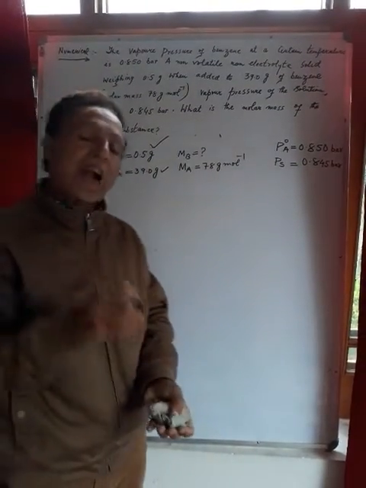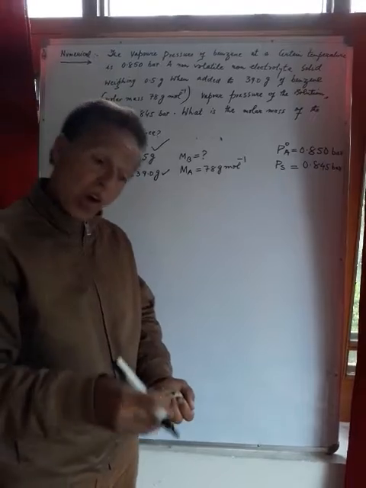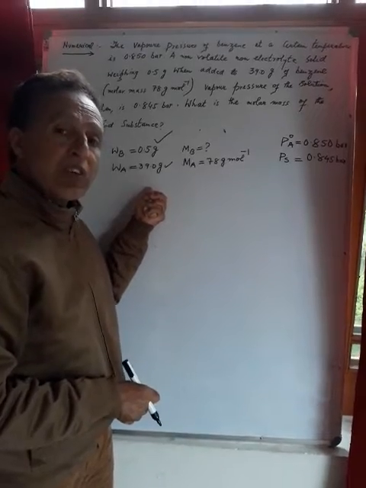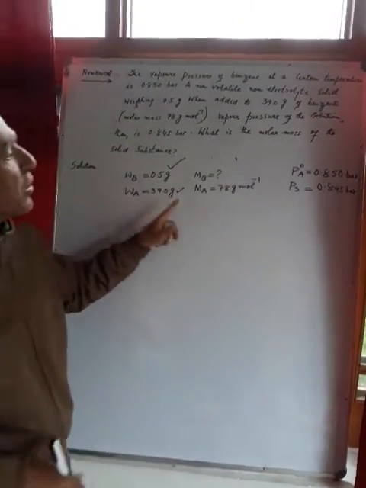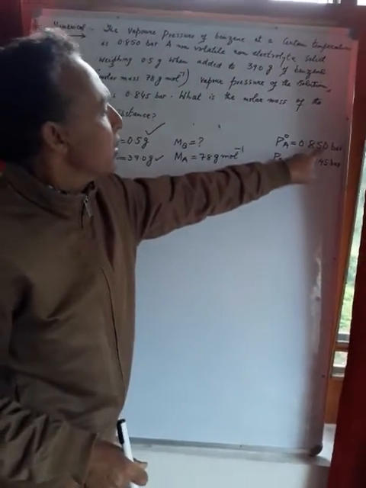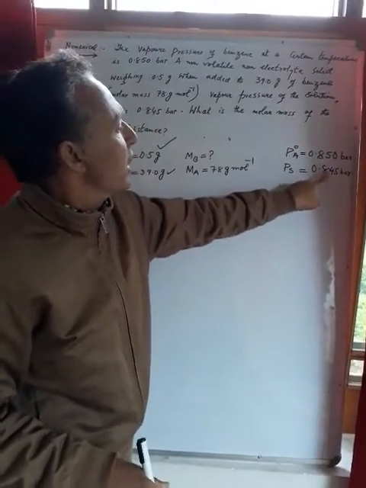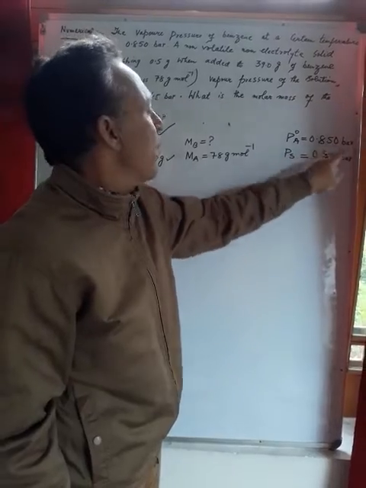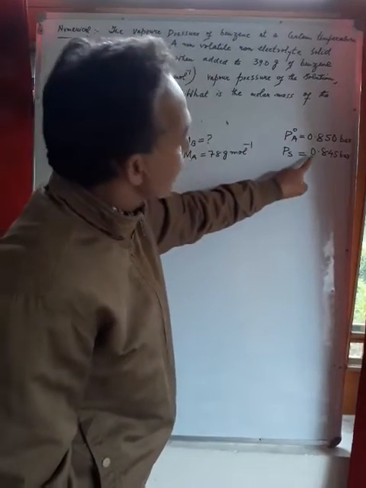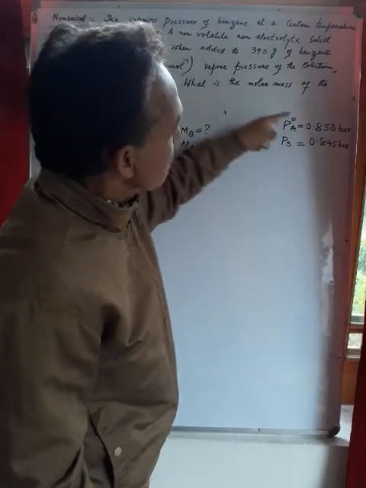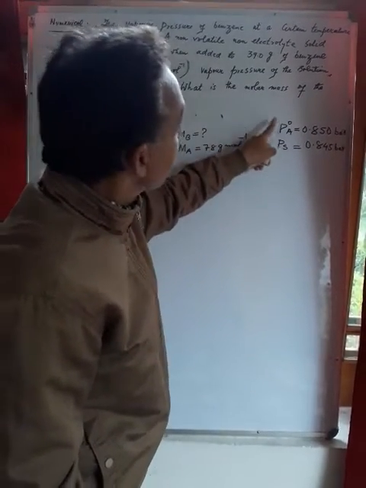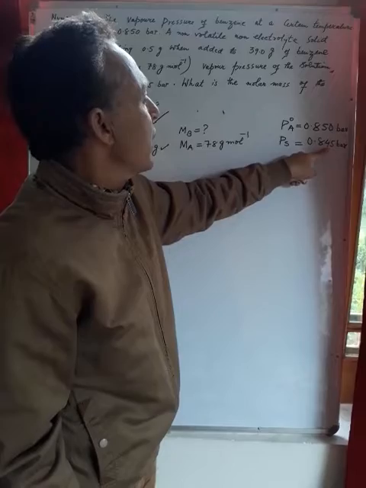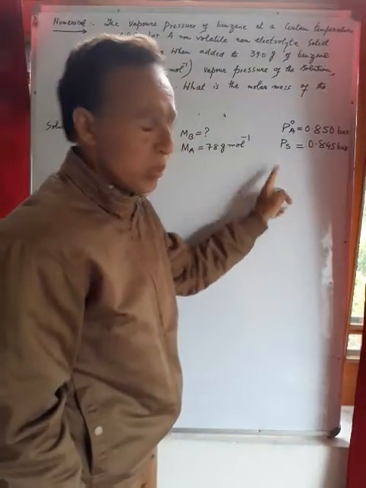When we add this non-volatile solute, the vapor pressure of the solution decreases from 0.850 bar to 0.845 bar. That means the vapor pressure of the benzene is 0.850 and the vapor pressure of the solution is 0.845 bar.